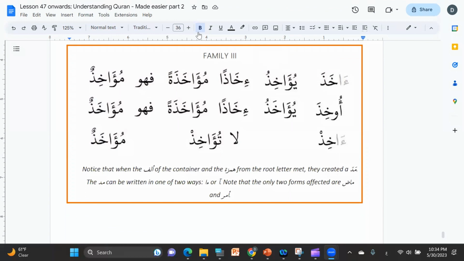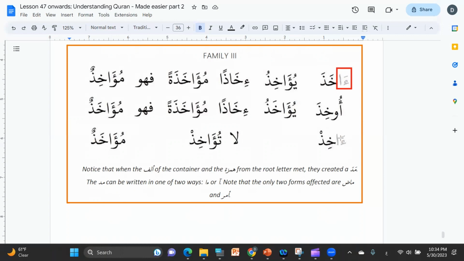Here in past tense we need to put madda, akhaza, and then in amr, akhiz.